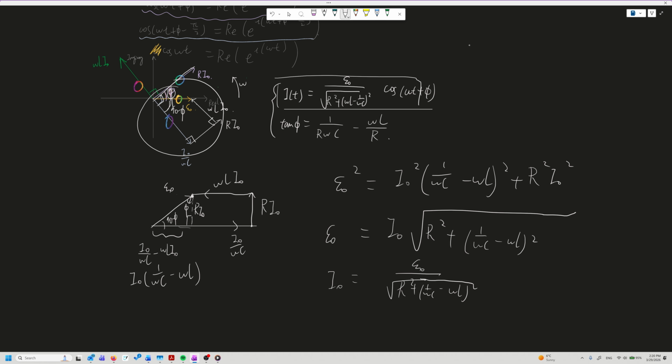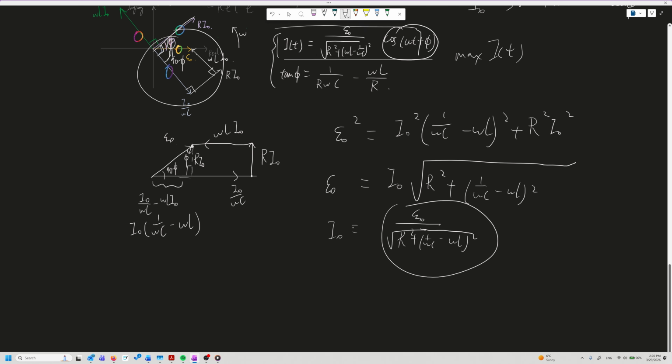So this formula that we got agrees with this expression. Remember that i0 doesn't really represent the current at time 0, it just represents the maximum amplitude of current. And so obviously the max value cosine can obtain is just 1. And so the maximum I of t matches our expression here.